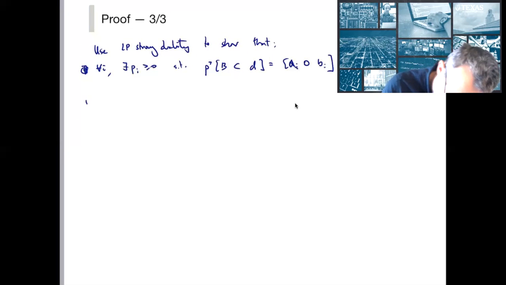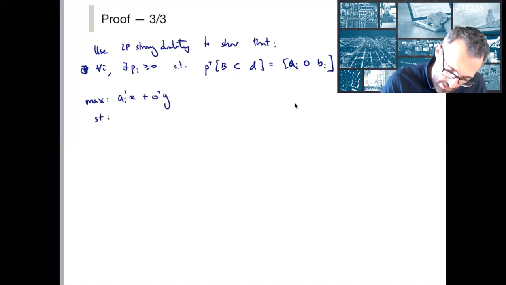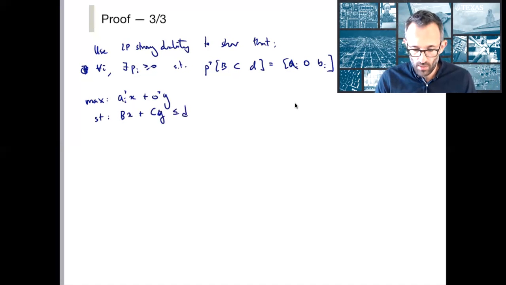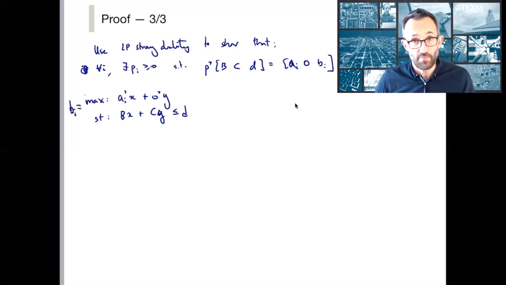So let's look at the optimization problem. Minimize Ai transpose x plus 0 transpose y, subject to Bx plus Cy less than D. What is the value of this? Well, my claim is that this optimization has value bi.